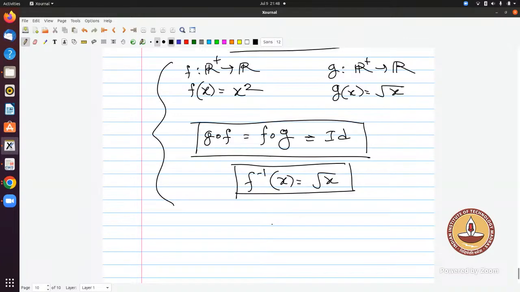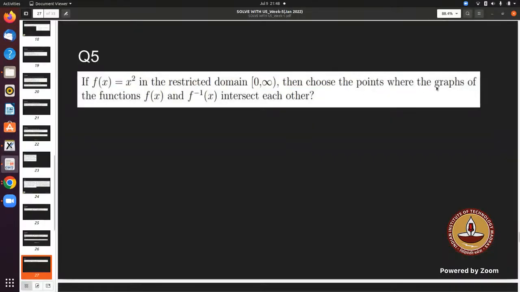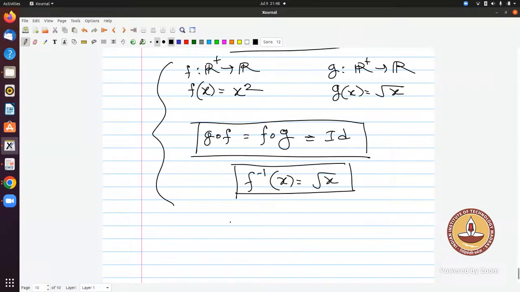So now the question, what was the question? The question was to choose the points where the graphs of these two functions intersect each other. Right? So where f(x) and f inverse x are equal. That is what we are asking.